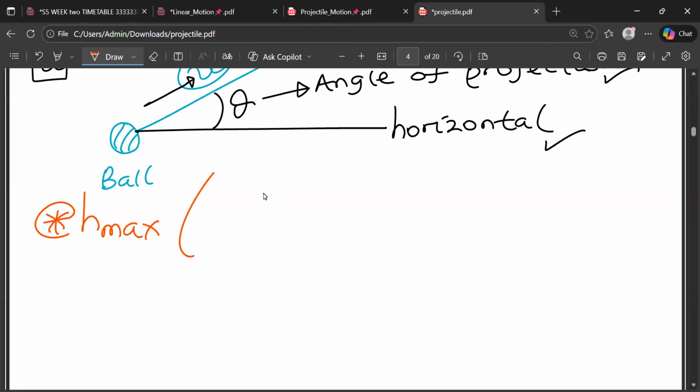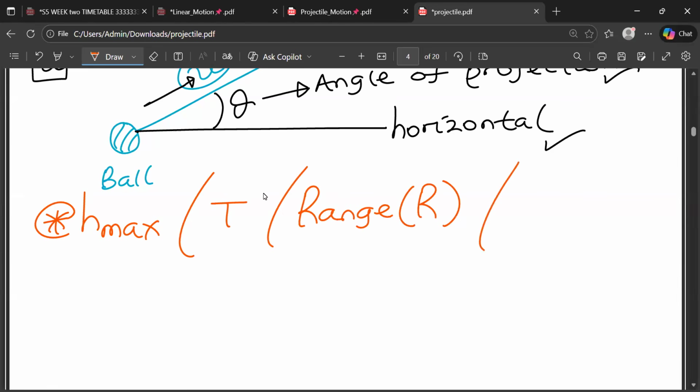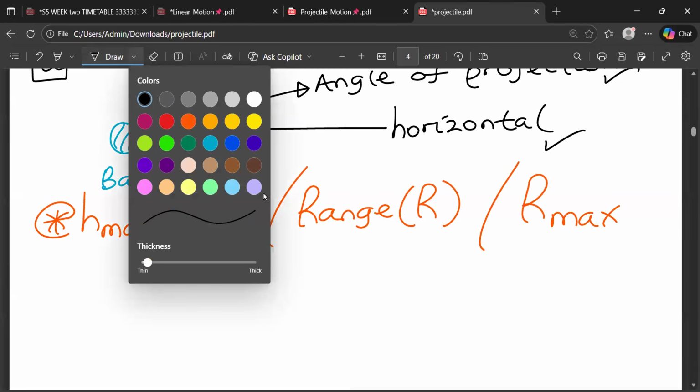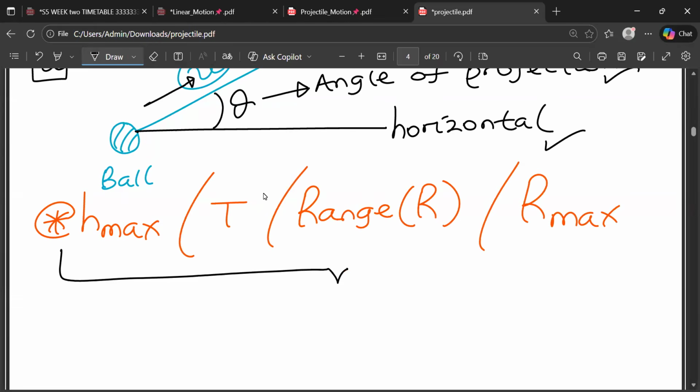We shall talk about the time of flight, which is capital T. Then the range, which is represented with the letter R. We shall see what it means. Then we shall talk about the maximum range as well. I'm going to try my level best to cover it in session 2, because that's where I need those terms mostly.